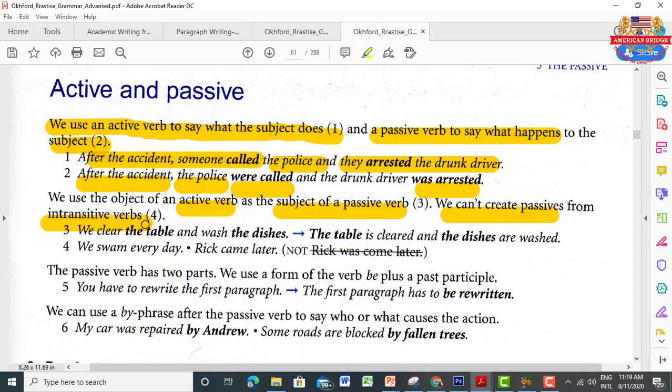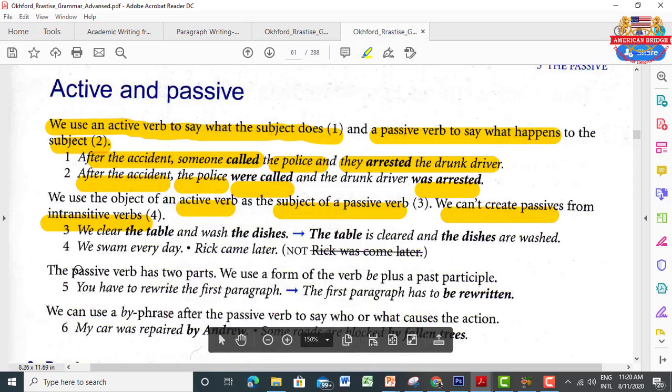The word come here is like come from, come with, come into, not with an object. And swim, as in swim in the river, swim in the sea. So these are intransitive verbs. There is no object, so we cannot use them in the passive voice, everyone.